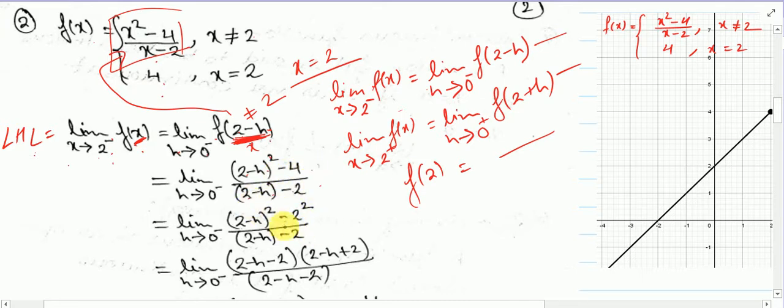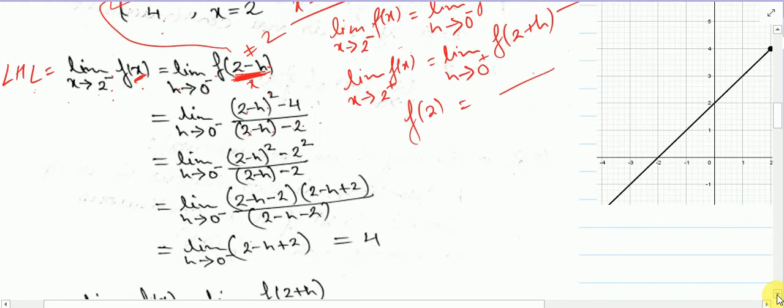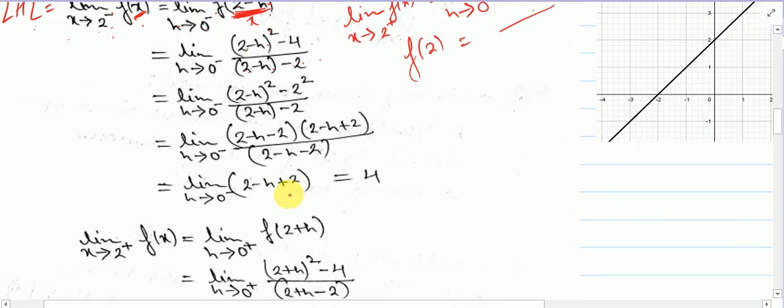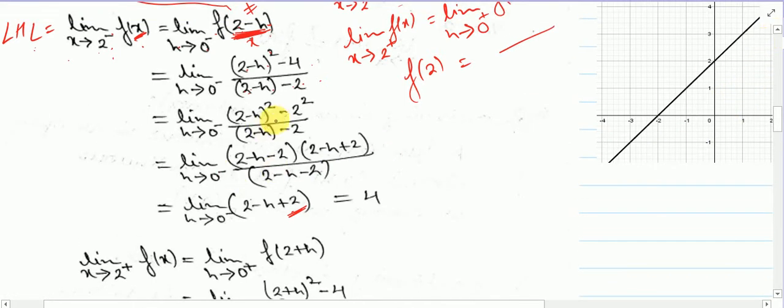Now you can simplify this. Here 2 minus h whole square minus 2 square is like a square minus b square, so that's why you're getting a plus b, a minus b type.